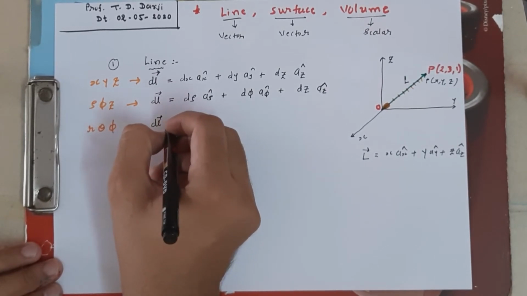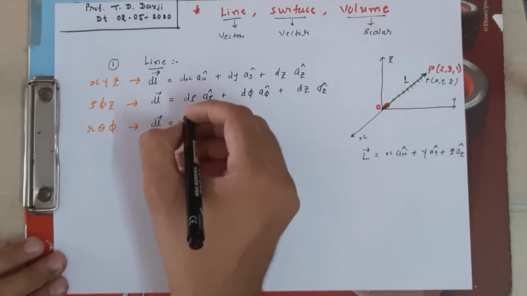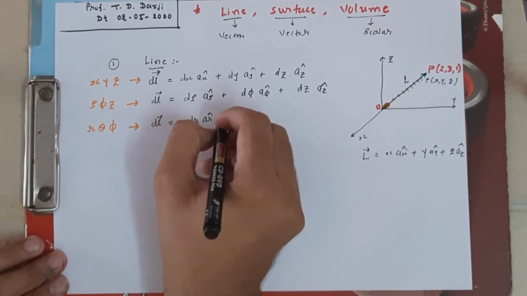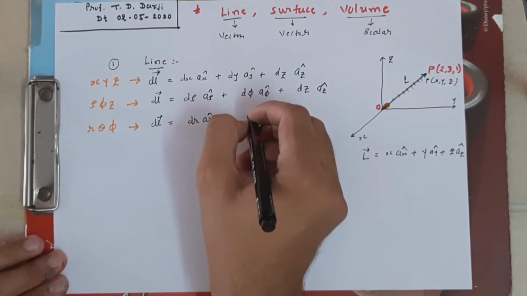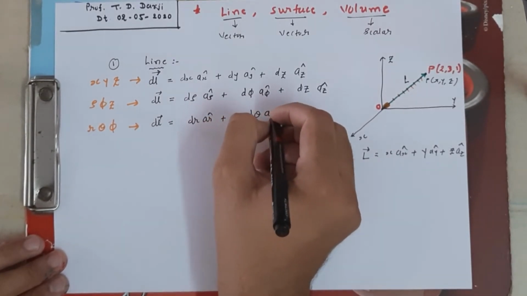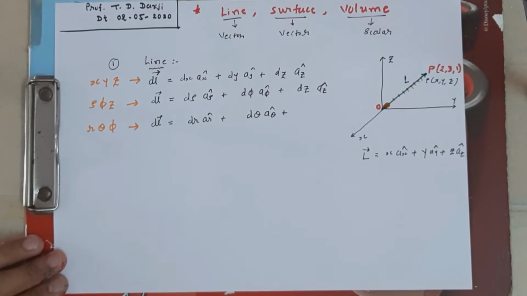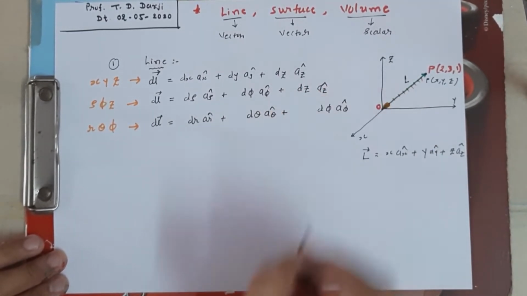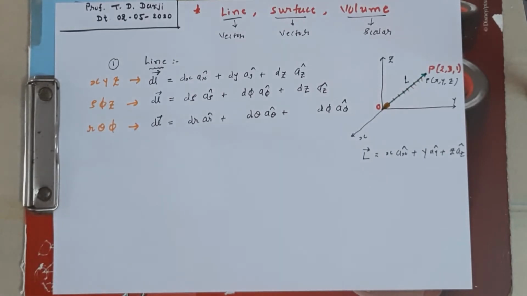So dl is equal to dr ar plus d theta a theta plus d phi a phi. All three equations are very easy, but now the main thing is I have to just do a slight modification here. So now we are interested in the modification in these equations.